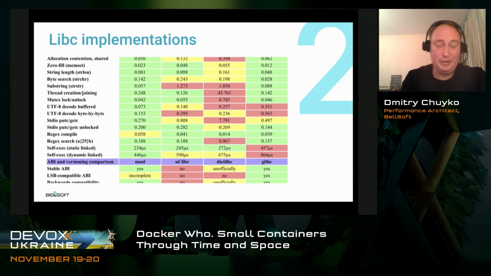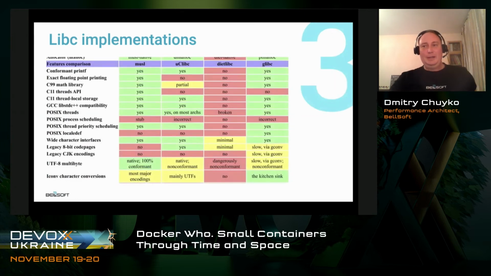For Java, for example, it is important to have as many platforms as possible, because Java itself has many platforms. So if we are able to use that small library on different platforms, that's great. And also standard compatibility. So you see POSIX here, which is really important, and musl is really good from the perspective of such comparison.